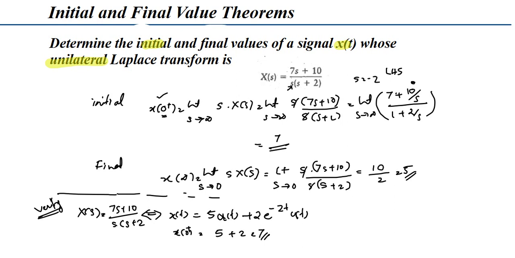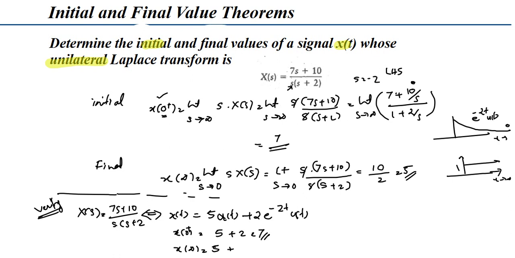Now we can verify x of infinity. u of t is a signal that is 1 for t greater than 0, so when t tends to infinity, the magnitude is 1, and we get 5 itself at infinity also. The exponentially decaying signal e raised to minus 2t into u of t becomes 0 when t is tending to infinity. So this quantity becomes 0, and we will get 5.